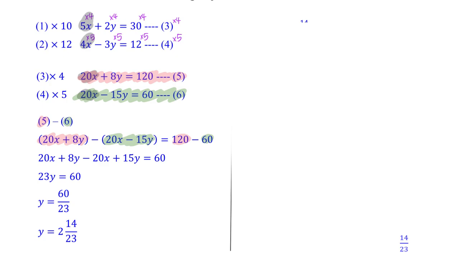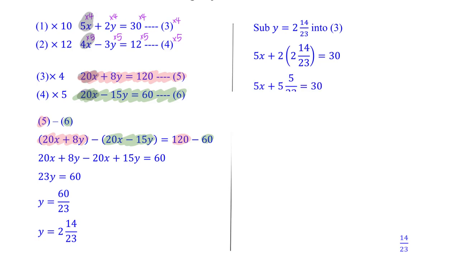Once I know this, I will then be able to get my next answer by substituting into one of the equations. In this case, I won't choose equation 1 and 2 because they are all fractions. So I'm going to substitute into equation 3 since all are positive numbers. And then from here, do slowly. You should slowly get the value for x.